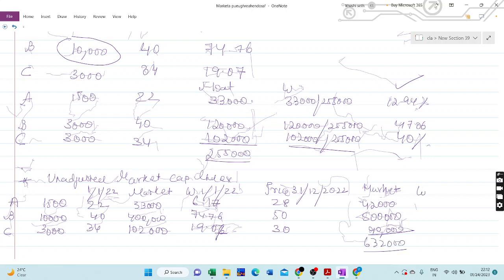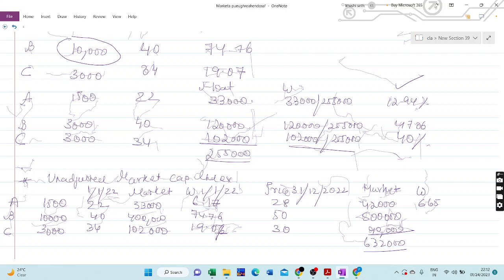Now guys, please calculate the weight of each stock in this unadjusted market cap index. Weight of stock A would be 42,000 by 632,000. How much did you get? 6.65.